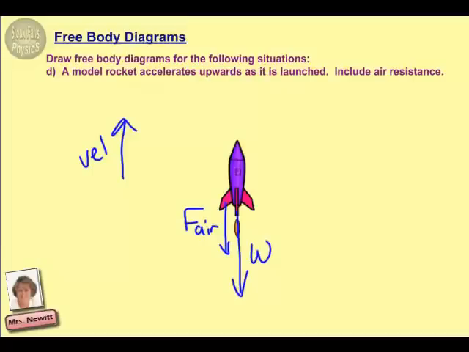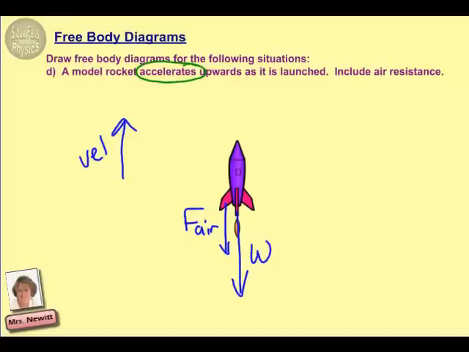And now we turn to the upwards direction. The rocket is going to have some sort of a propellant, some sort of an applied force, we could say, in the upwards direction. But notice that in this case, it is again key that as it travels upwards, it is accelerating.